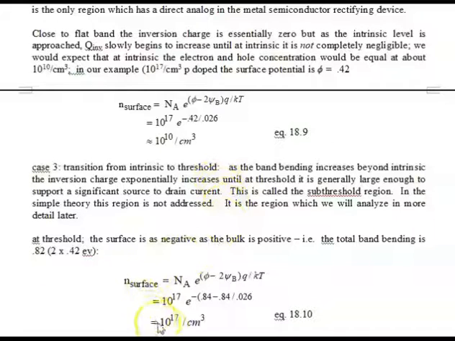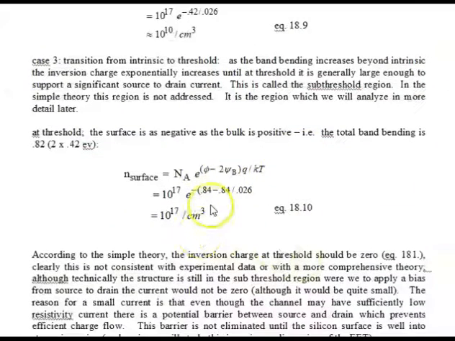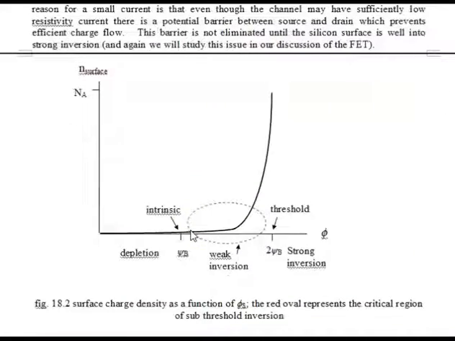And at threshold, we have 10 to the 17th, because phi is equal to 2 times the bulk. And that's why this goes to 0 here, and we get the surface is equal to N sub A. And that's basically illustrated by this figure here.